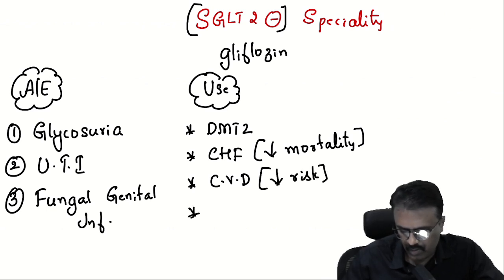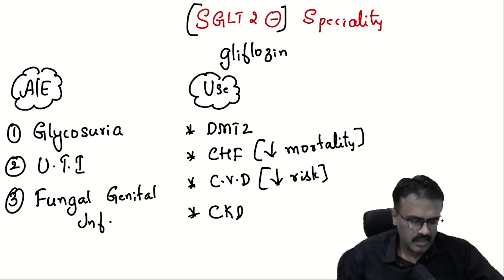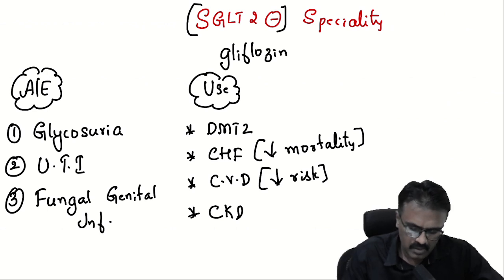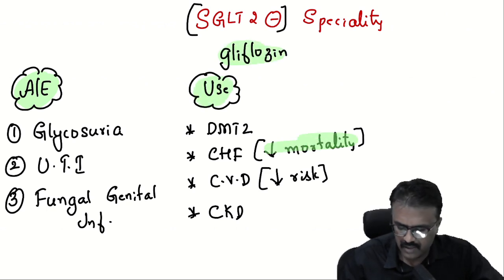And number 4, they are also used in chronic kidney disease. Yes, you are right, nephrotoxic. They can also cause diabetic ketoacidosis. They can also cause Fournier's gangrene. They can also cause fractures, amputations of lower limb, but these are rare. But common are these 3. That's why I have written only these 3 as important. Gliflozins are trending drugs.